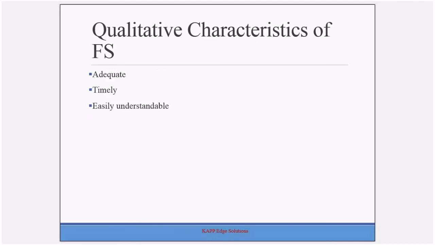It should be easily understandable. Not every person who's reading the financial statement is a technical person. The financial statement should be in a format and language which is easily understandable to all the users. It should be sufficiently accurate. The word we use is sufficiently; it's not always possible to give 100% accurate information because of a lot of reasons.